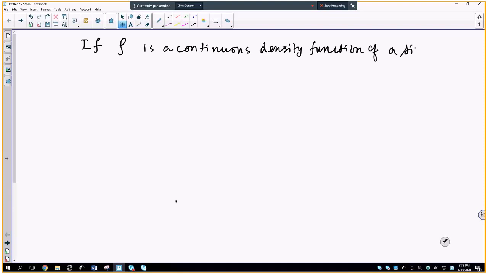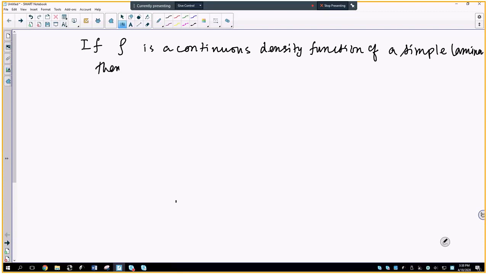The first thing is going to be reminding us about the formula for finding the mass of a simple lamina. So let's recall, if rho is the continuous density function for a simple lamina, then the mass of this simple lamina is going to be given by a double integration.